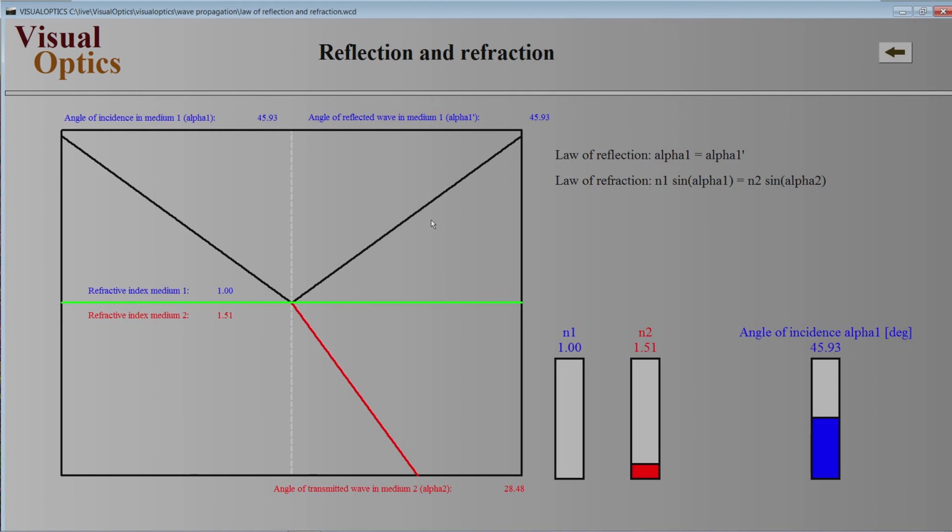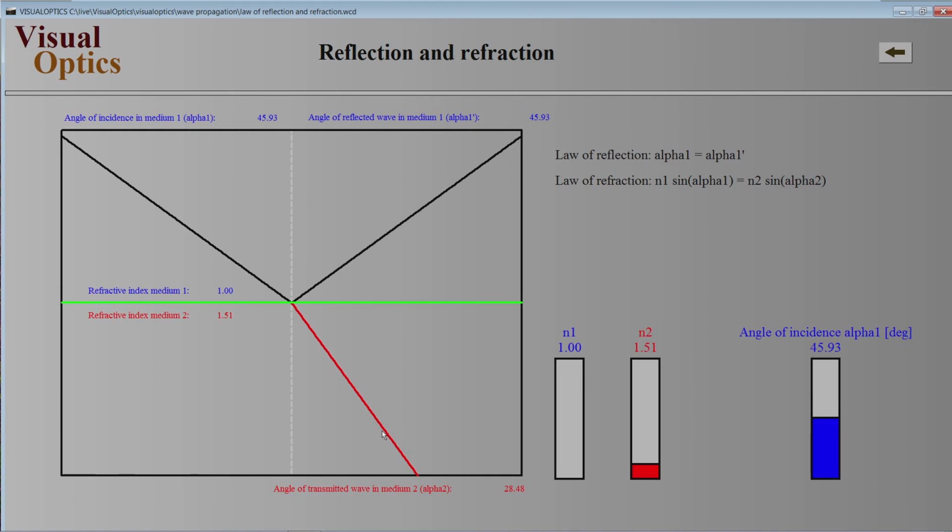There is no scattering to the side as long as you have a perfect interface with no surface roughness and other problems at the surface. So there's only one direction where you can pick up or measure reflected radiation, and there's only one direction where you could measure the transmitted intensity, well, if it would be possible to place a detector inside this medium 2.